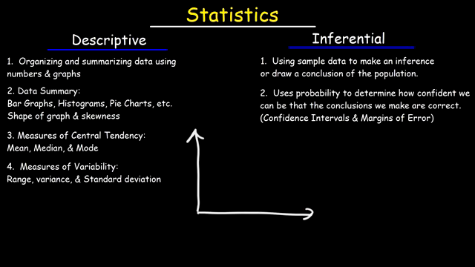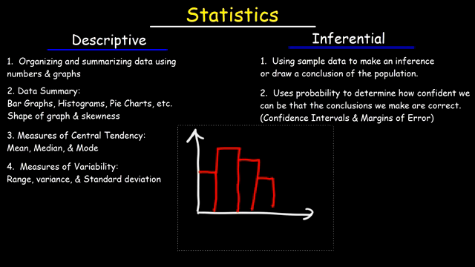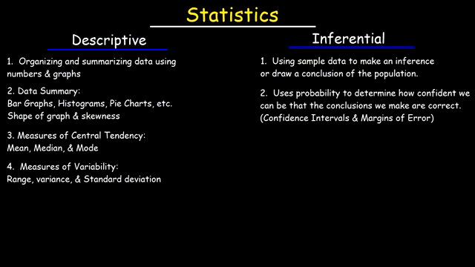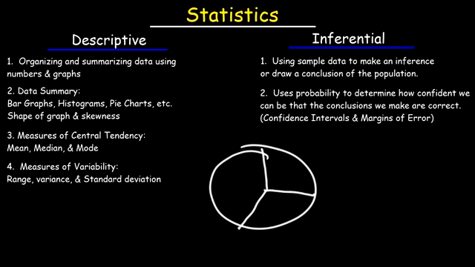A histogram looks like a bar graph, but the bars are basically attached to each other. So that's the difference between a histogram and a bar graph. You can also organize your data into a pie chart. And this is very useful if you want to break it down into categories based on percentages.